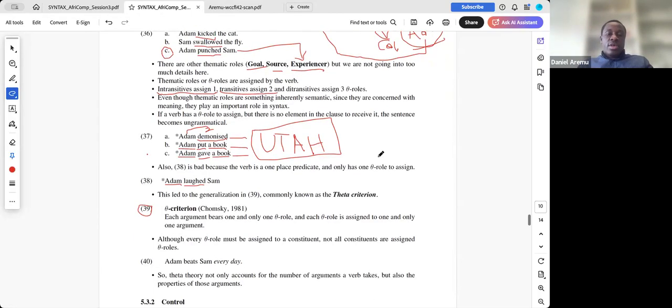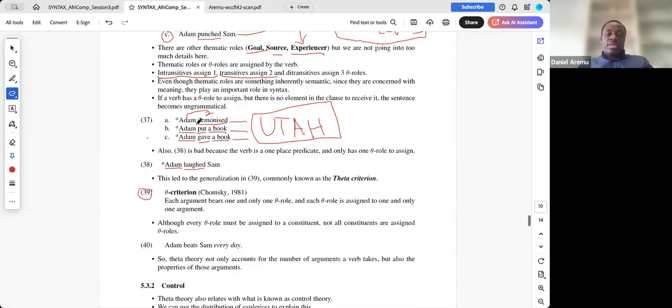And so when you talk about demonize, coming to your example in 37a, Adam was internally merged within the VP. So it's part of the predicate, or part of the argument rather. And so we call demonize or any other verbs that are transitive two-place predicates, including not just their object, but their subject as well.